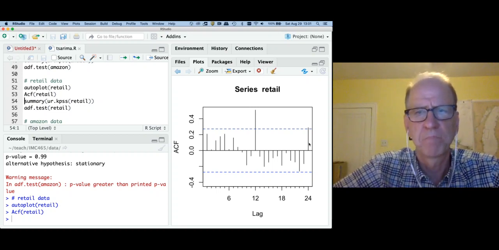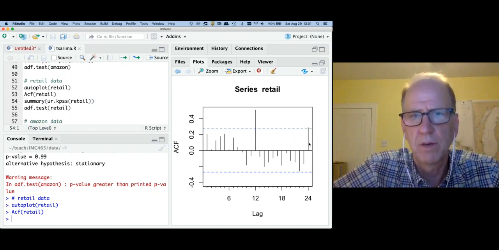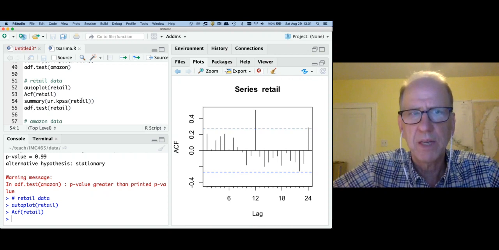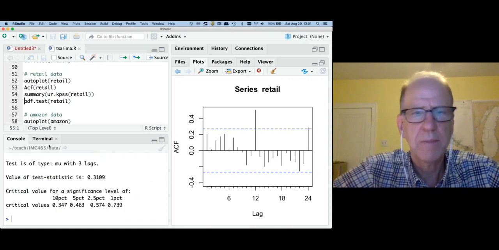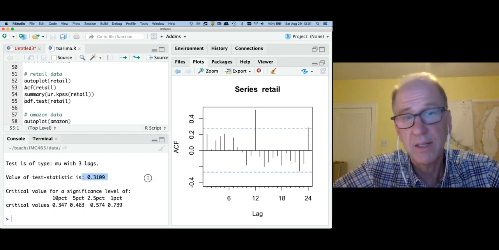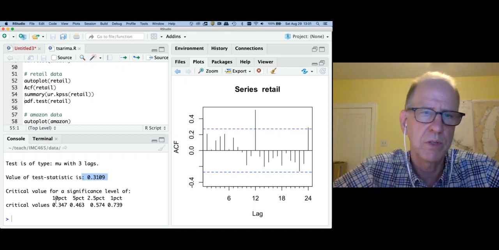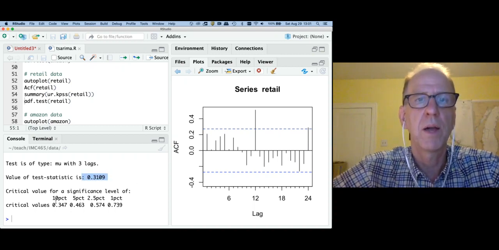And that's typical of when you have a seasonal data set. This would not be stationary. If we look at the KPSS test, what we can see is that the test statistic is about 0.3, so we cannot reject the null hypothesis.